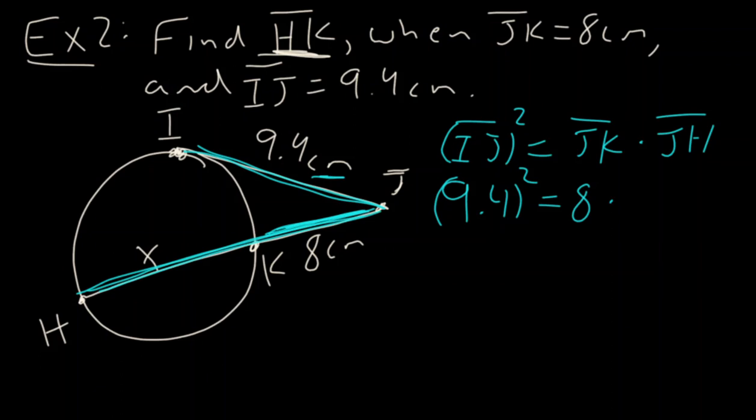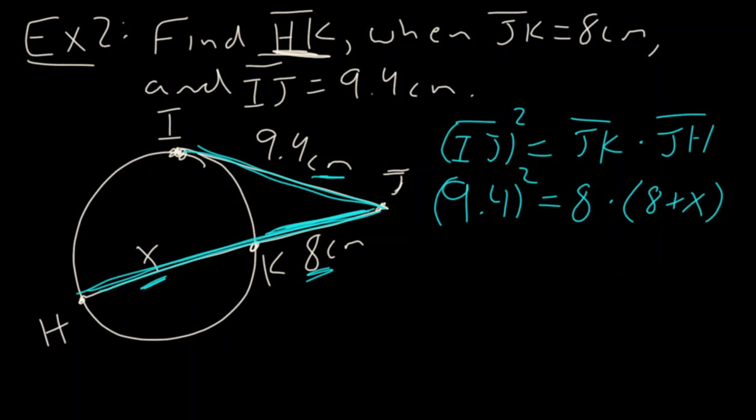We want to know the whole thing, but it's made up of an 8 and an X. So remember, whenever you have 2 segments of the line, what do you have to do with those numbers or variables? You have to add them. And so we'll put parentheses 8 plus X. And this is why this makes this the most difficult version, because this part's a little bit tricky.